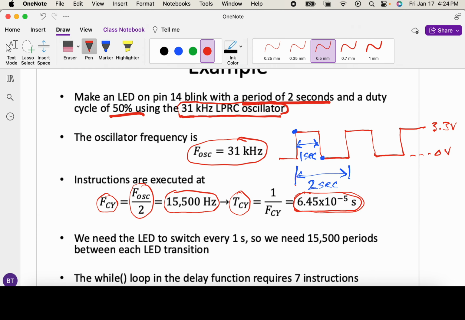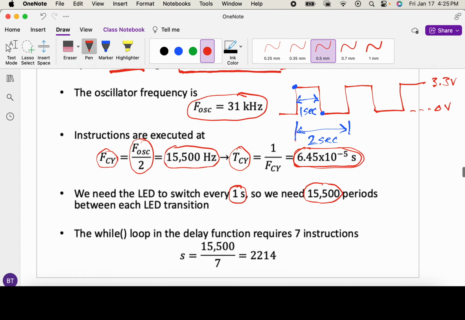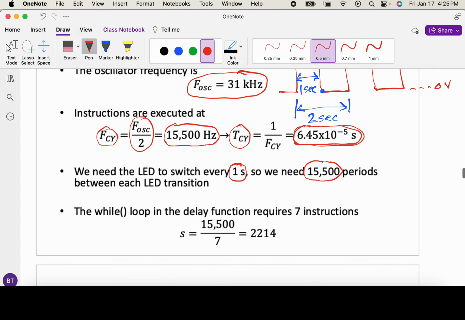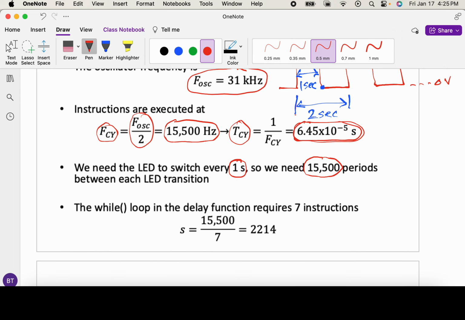So basically we need to execute 15,500 instructions to pass away 1 second worth of time. Okay, so how many instructions does a while loop take?